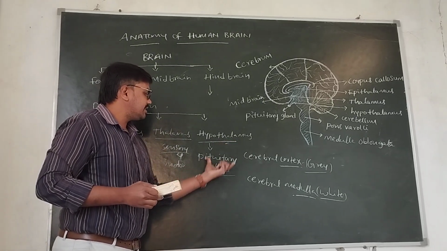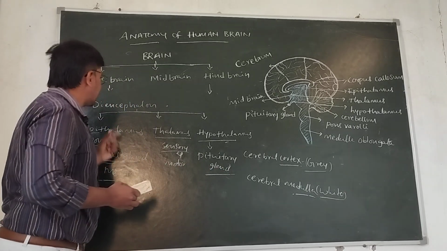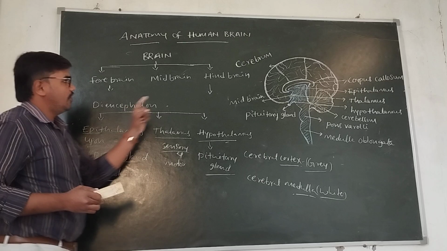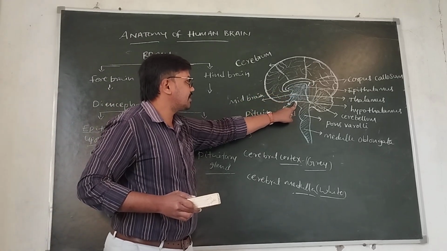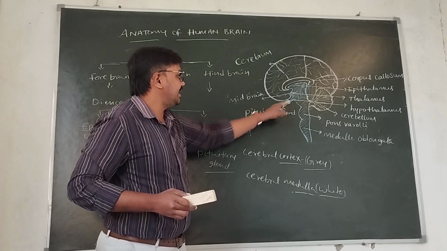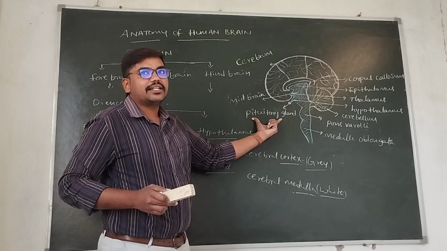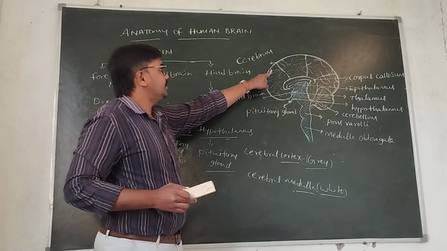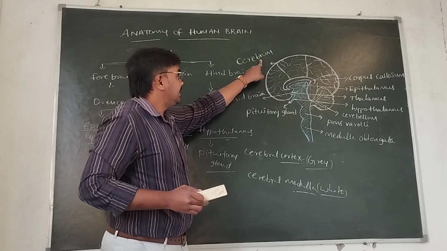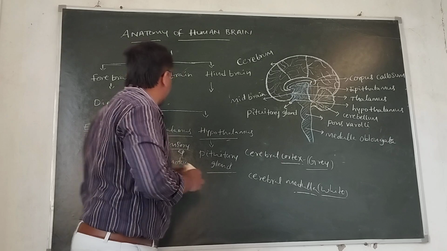Here the hypothalamus is connected with the pituitary gland. These are the parts of the diencephalon: epithalamus, thalamus and hypothalamus. These are the parts of the forebrain. So the forebrain is divided into optic lobes, cerebrum and diencephalon.